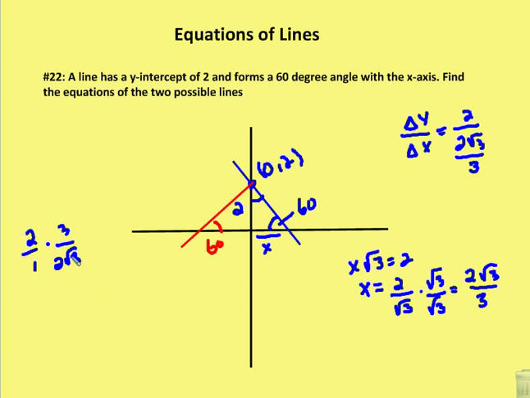Now we end up with the same problem we had before. We have a radical in the denominator, but before we go, we rationalize the denominator. Let's simplify this problem. So I have 2, the 2's cancel to 1, and I'm left with 3 over root 3. I again multiply by root 3 over root 3 to rationalize, and I'm left with 3 root 3 over 3, or just root 3.